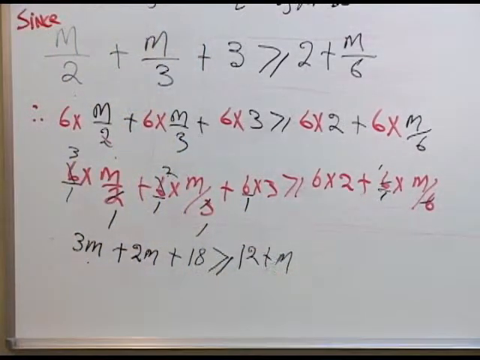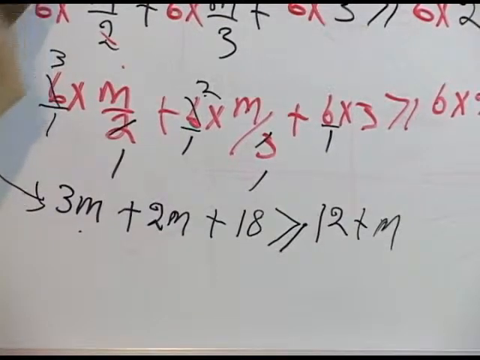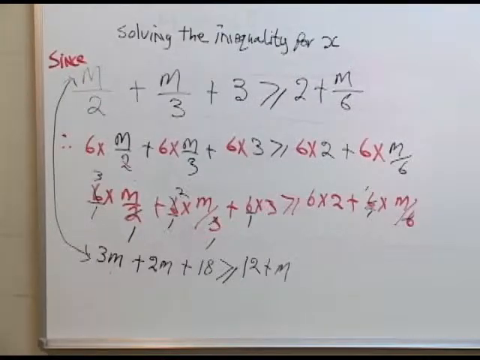So that is where we are. After our cancelling and getting rid of our denominator, we are on to our 3m plus 2m plus 18 is greater than or equal to 12 plus m.